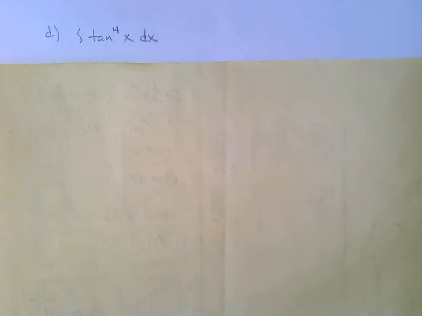Separate secant squared x. Well, it's hard to separate a secant squared when there aren't any to begin with. Okay, so we're not going to use number 1. Is it number 2? Well, no, because the power of tangent is 4, right? It's not odd, obviously. And we don't even have one power of secant anyway, so neither of those hold.